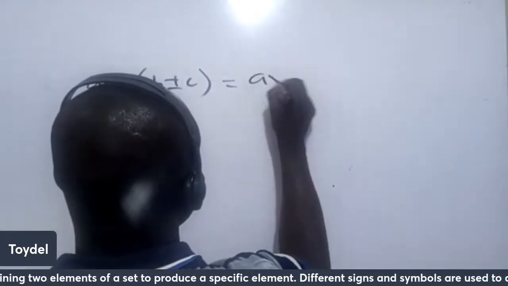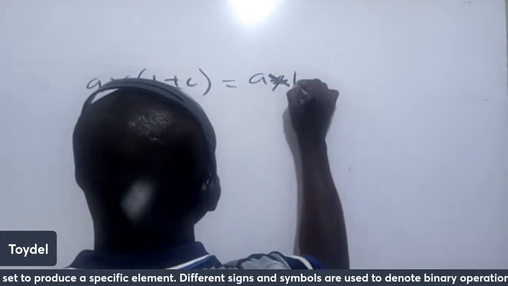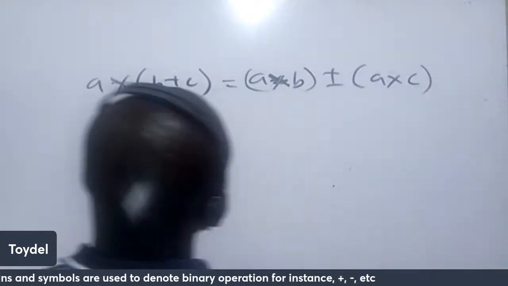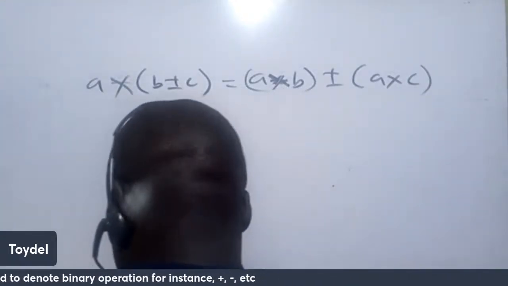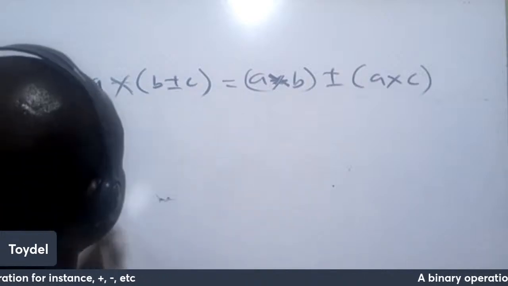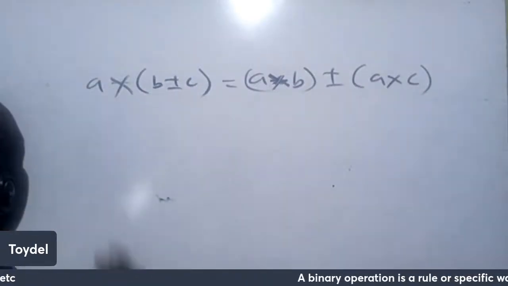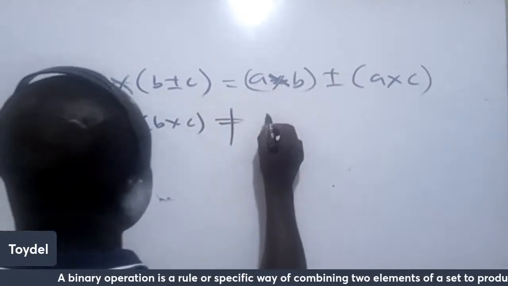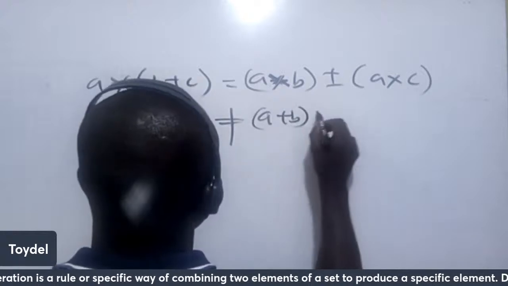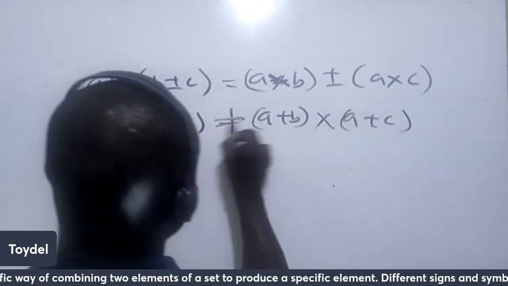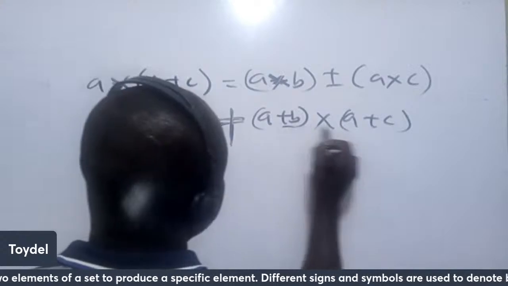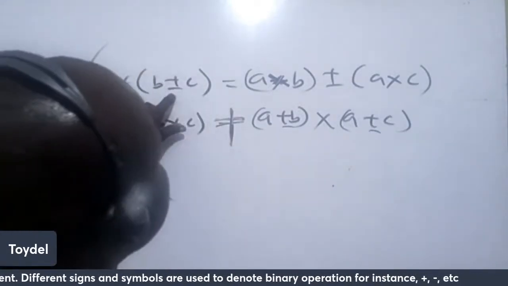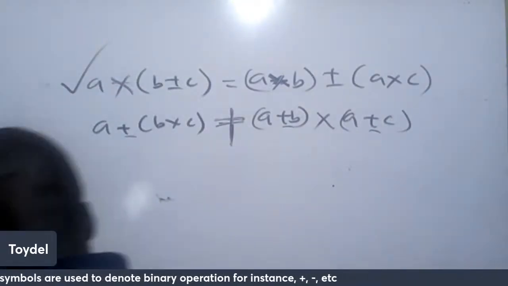That is, we can have A times B, plus or minus A times C. But the converse does not hold. That is, addition and subtraction do not distribute over multiplication. That is, A plus B times C will not equal A plus B multiplied by A plus C. This one does not hold. So please take note that multiplication distributes over addition and subtraction, and that is in general.